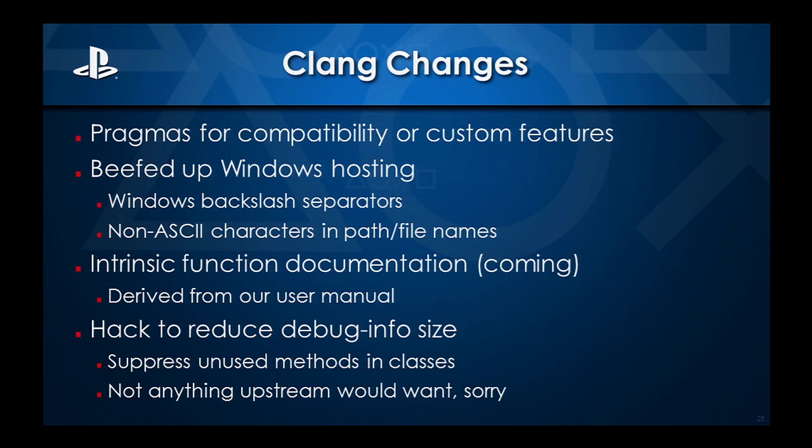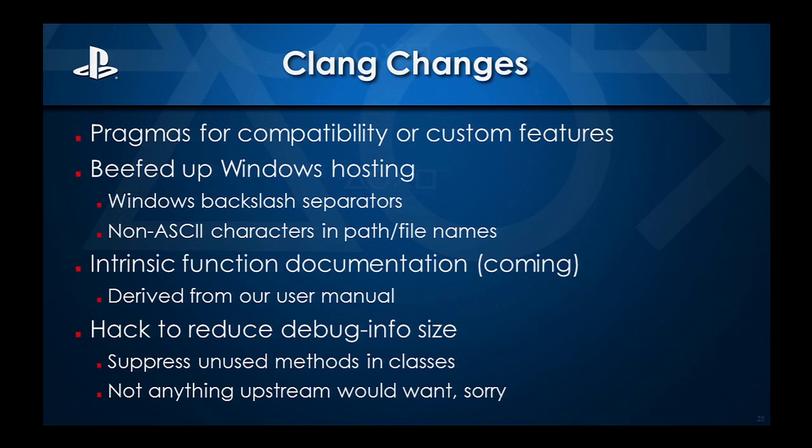At one point I had implemented a hack because we had a lot of debug info size issues. One thing we've done is, anytime you have a class description and there are methods in it that you don't use in a particular compilation unit, we don't put that into the DWARF. As a DWARF committee member, this makes me cringe.